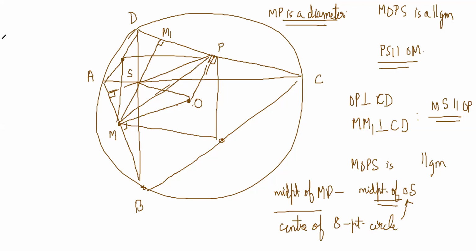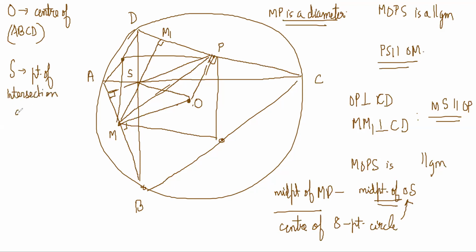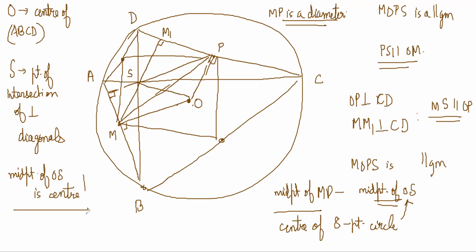O is the center of the circle ABCD, and S is the point of intersection of the perpendicular diagonals. So the center is the midpoint of OS, which is also the midpoint of MP, joining the two midpoints, right? Yes. Makes sense. Okay.